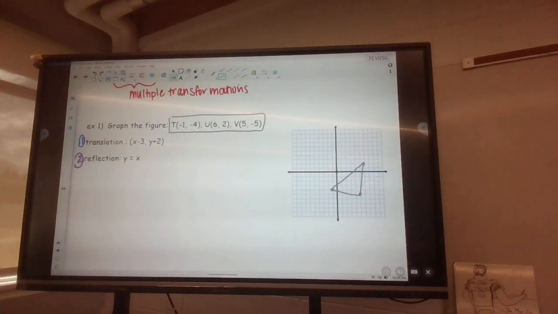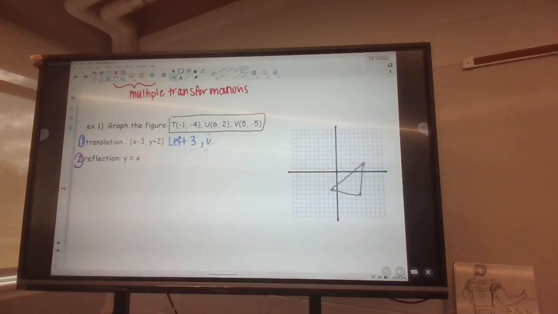Our first movement, we're going to move it left 3 and up 2. They might use some of the different notations we've learned, it depends on the problem. If you want to write the new version, so left 3, I would subtract 3 from that, and I would move that up 2. Subtract 3, up 2.